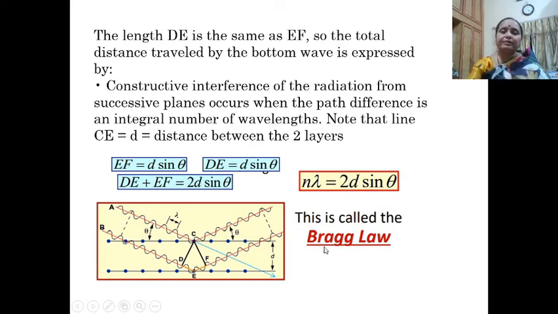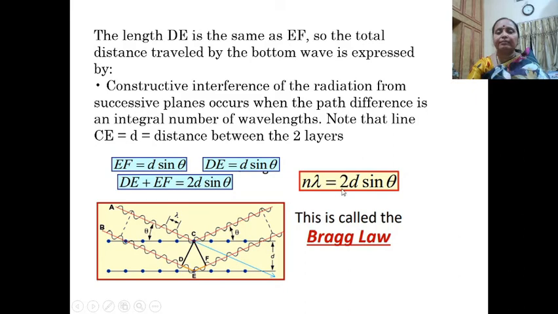What do we observe in Bragg's law? If there is constructive interference of the radiation from successive planes, then the path difference is an integral number of wavelengths.